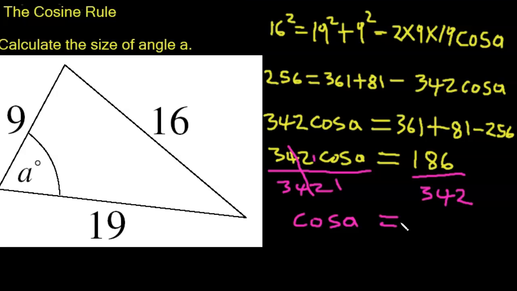That's 0.544, to 3 decimal places, and therefore, to get angle A, we need a calculator.